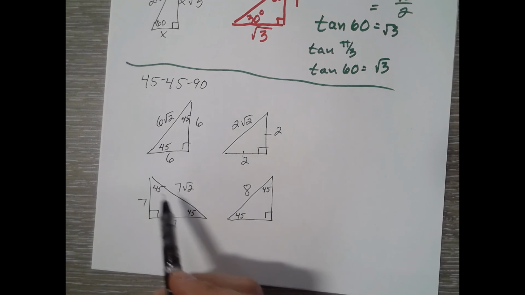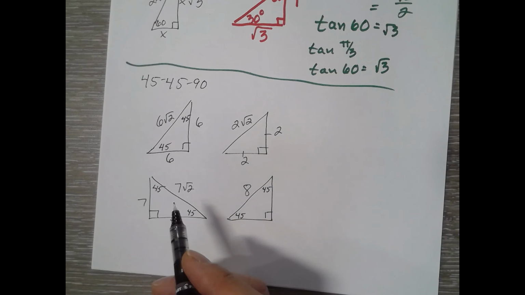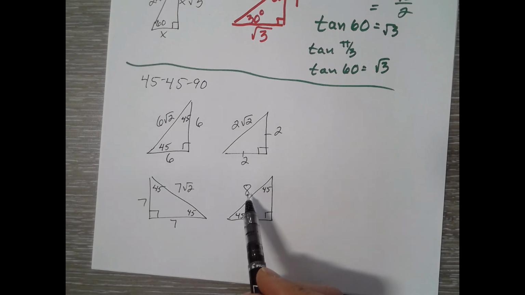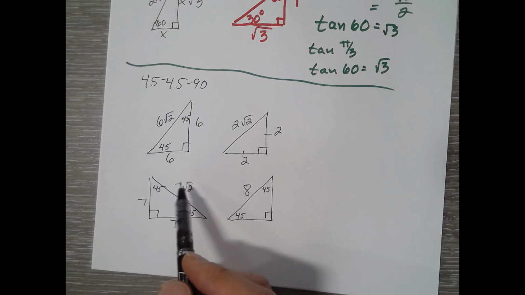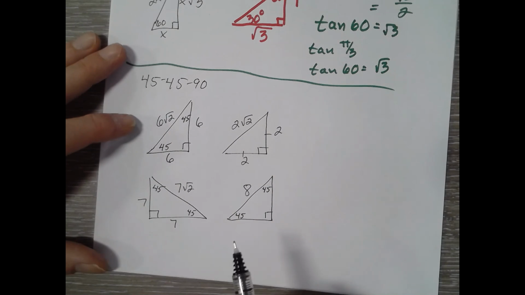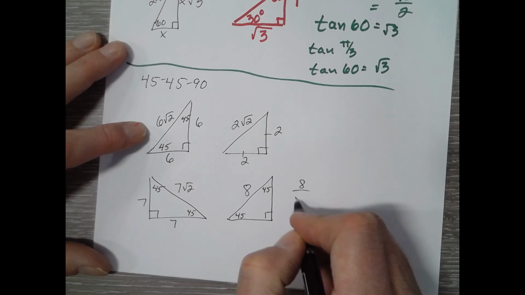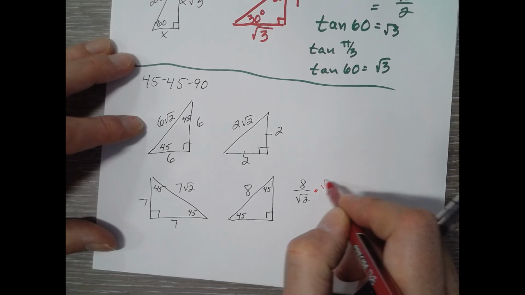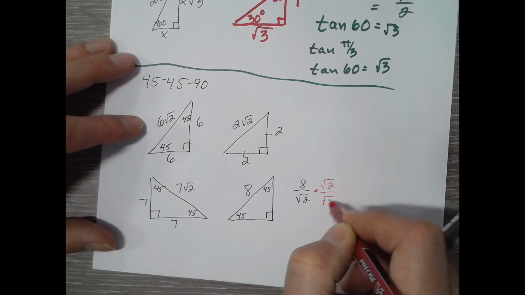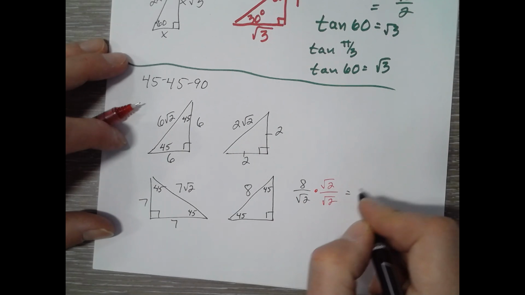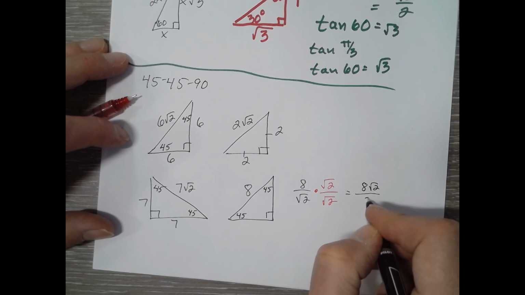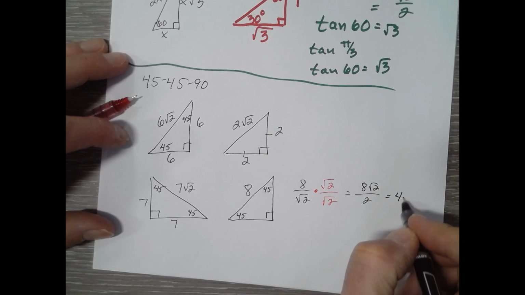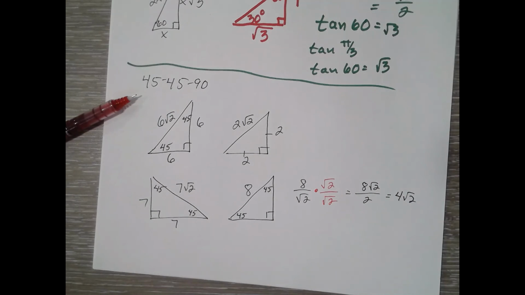We had to divide by the square root of 2. So here we actually have to divide by the square root of 2, just like we do on any other 45, 45, 90. So 8 divided by the square root of 2 actually requires a little bit of rationalizing the denominator. So I get 4 square root of 2. These would both be 4 square root of 2.